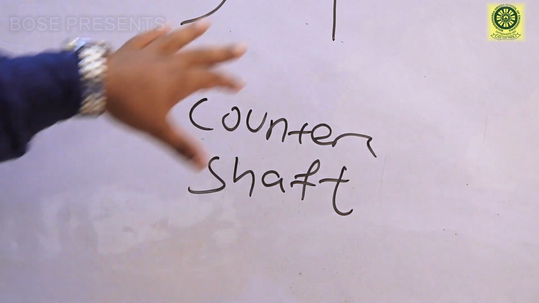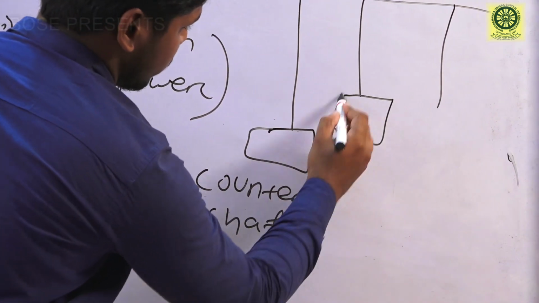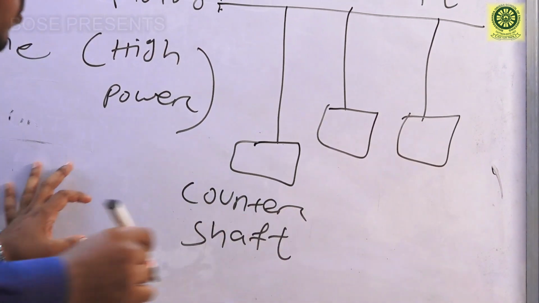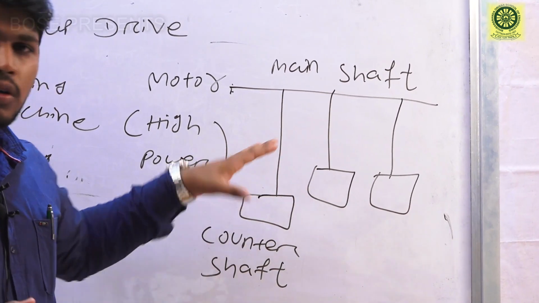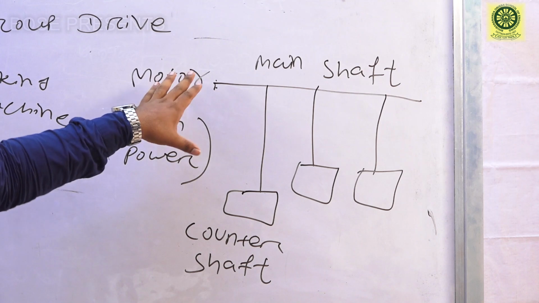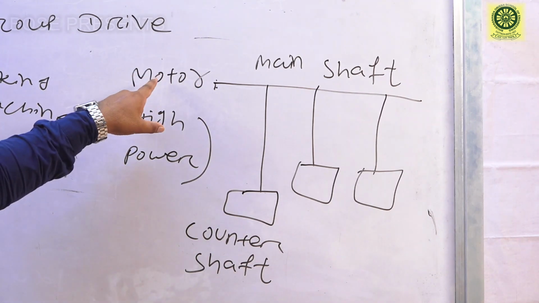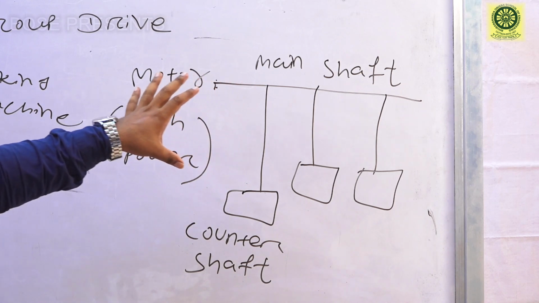The working machines or the loads will be connected to the counter shafts one by one. So in case of group drive, many loads are connected at a time, but the motor is single. A single motor is operating a group of works.